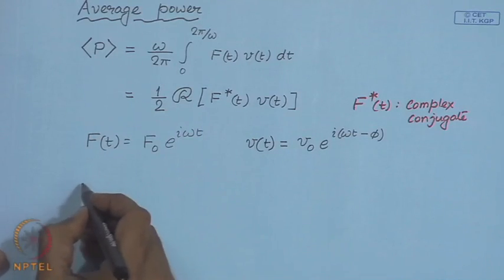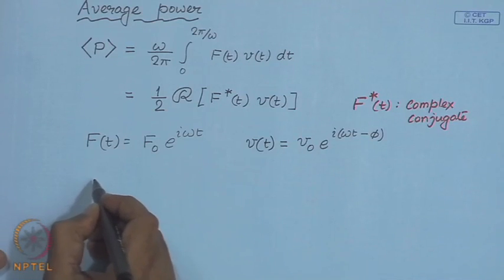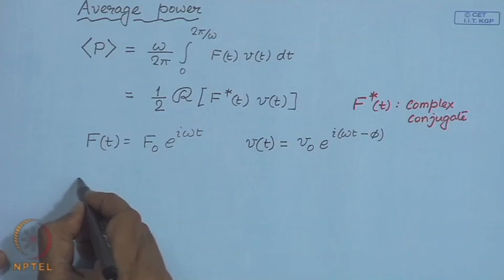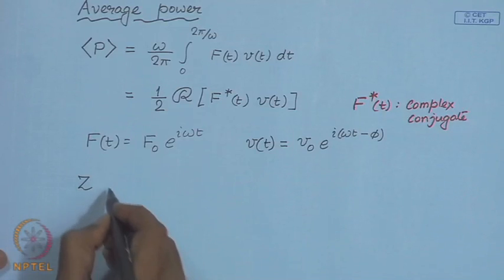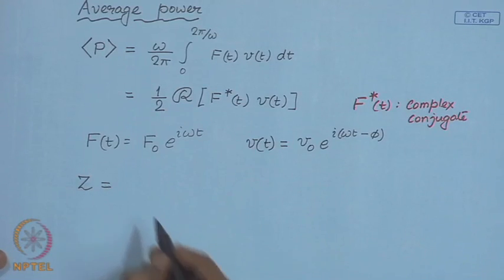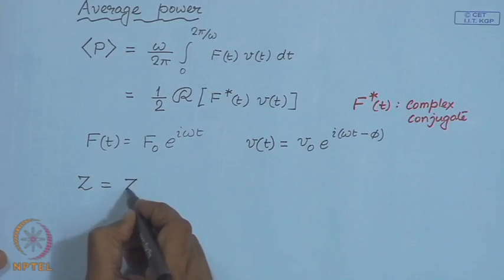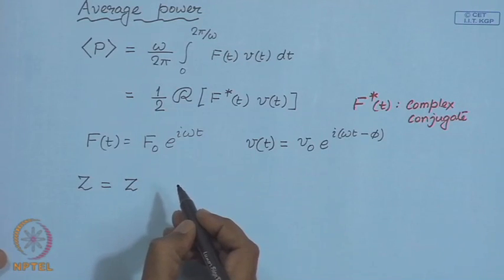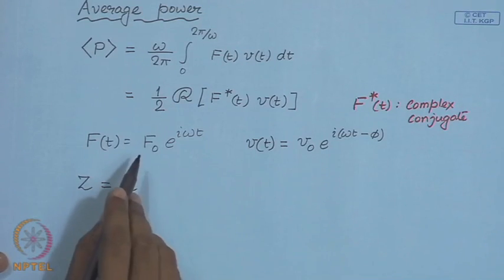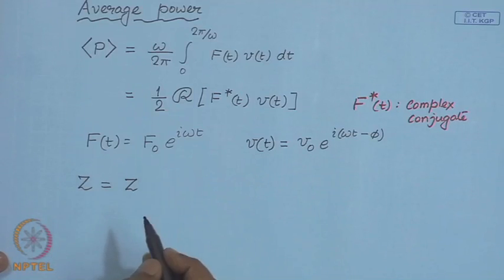Therefore, now we have already defined our impedance. Now, impedance, as I mentioned, is a complex number. And the ratio of the force and the velocity is the impedance.